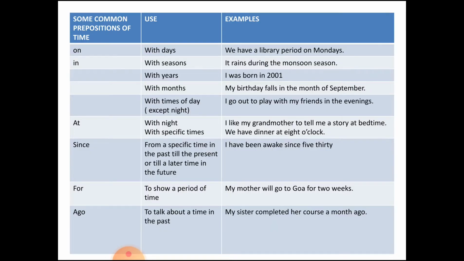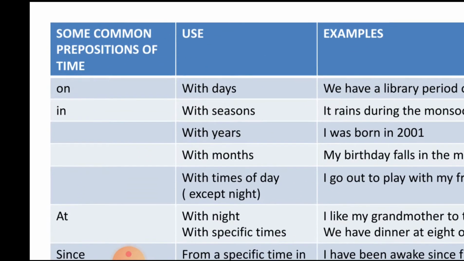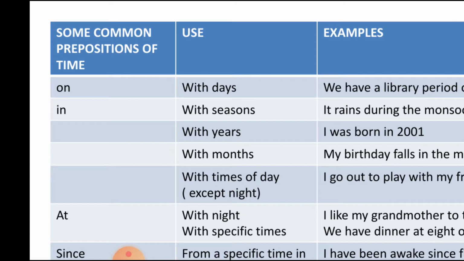Now in this tabular form I have given some examples of prepositions of time, where they are used, along with the examples. Let us see them one by one. The first example is on. We are talking about prepositions of time. So when is on used? It is used with days, such as days of the week.